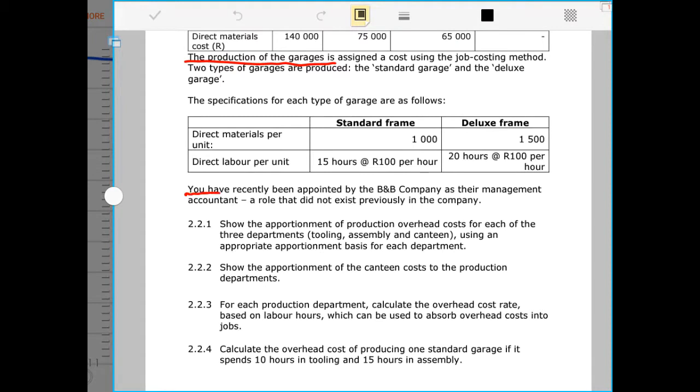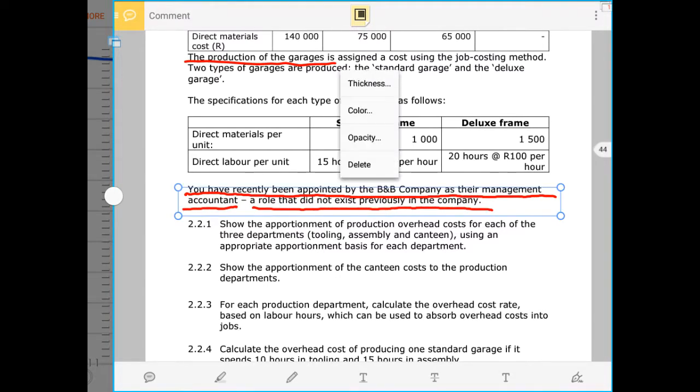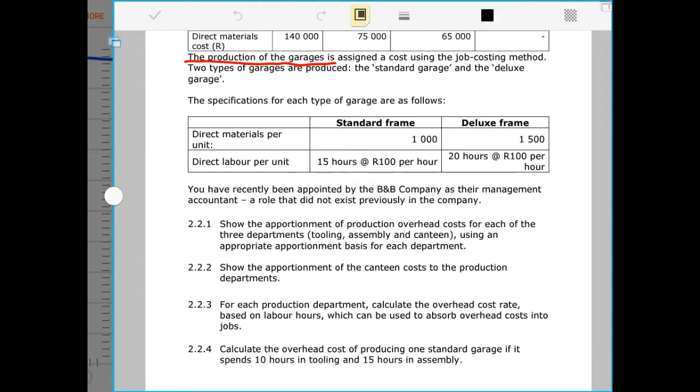Further, it says you have recently been appointed by the B&B Company as their management accountant, a role that did not exist previously in the company. So this is the new position for the new candidate.